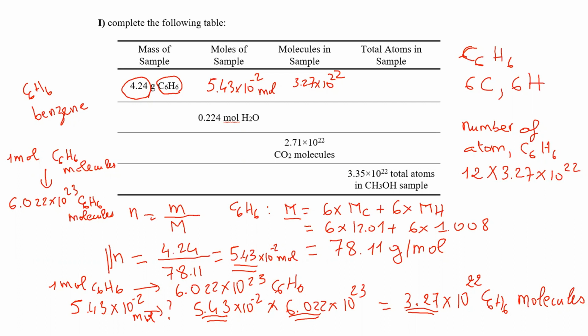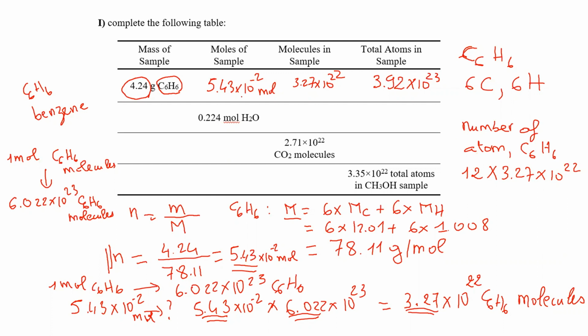And if you compute it, it's going to be equal to 3.92 10 to the power 23 atoms in total. So it's the number of carbon atoms plus the number of hydrogen atoms.